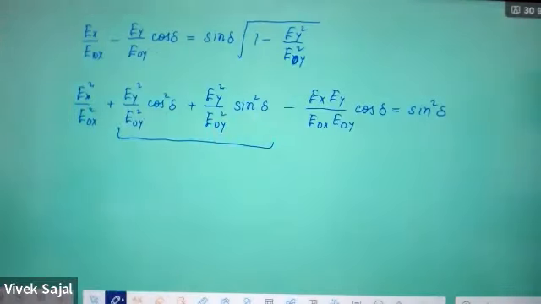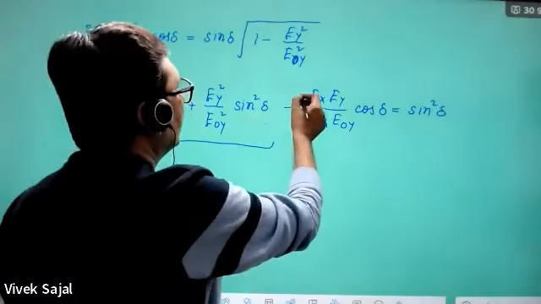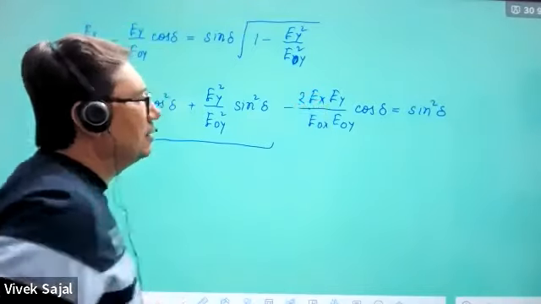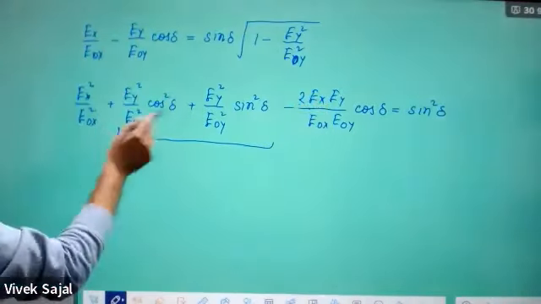Yes, beta, please. Sir, 2 will be there. You are correct, beta. Here I should write 2. Okay, this will be 2. Correct, beta. So what it will be?